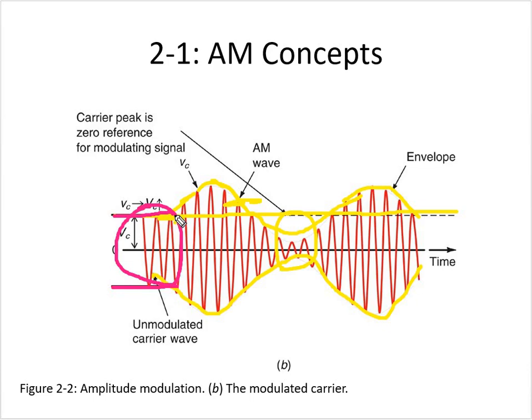But once the amplitude of the message signal starts increasing, then the amplitude of the carrier signal also starts increasing. You can see here it is increasing, the negative side increasing, and then the positive side increasing, and so on.